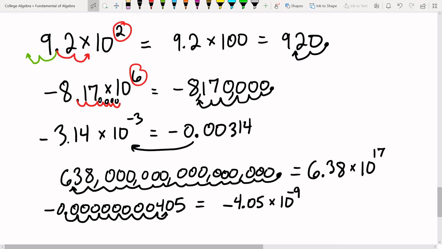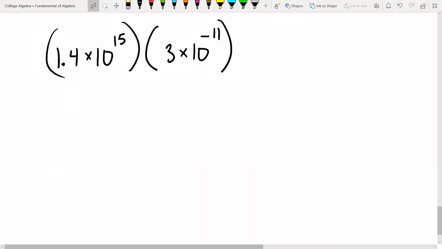Now, if we were to multiply or divide these numbers, we can actually use rules of exponents on them because we have 10 to the power of something, which is an exponent. Let's look at a couple of these problems and see how to do it. So here I have two scientific notation numbers multiplying together. I'm going to rearrange this so that I have the number parts together because they're all just multiplying.